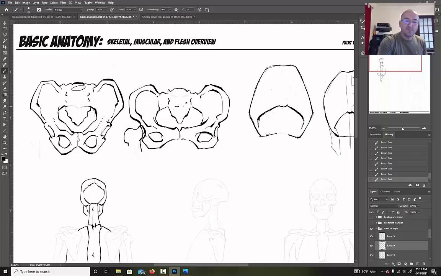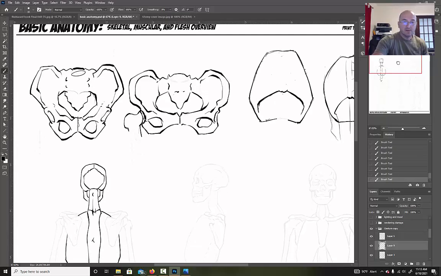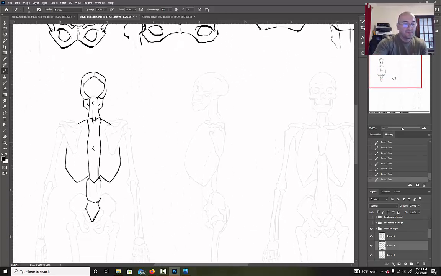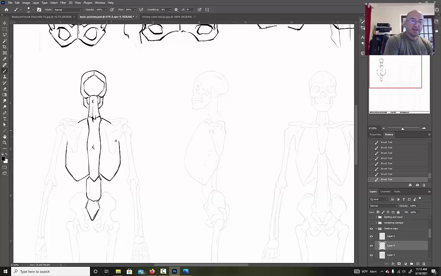All right, go back down here into the skeleton. Now that we've gone over the basic differences between the two, this is the AC joint. That's made up of the clavicle in the front, the scapula in the back, and the humerus bone.